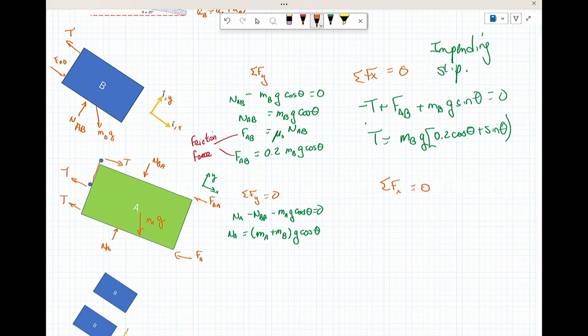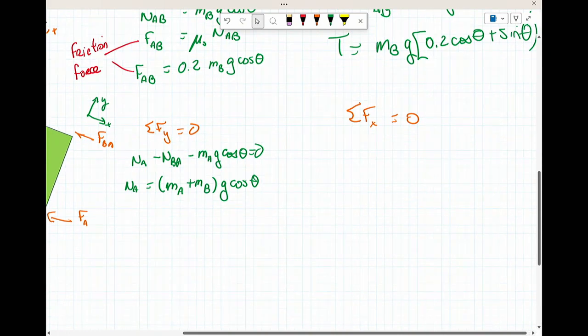So the other side to this, of course, is sum of forces in x is equal to 0. Again, impending slip.